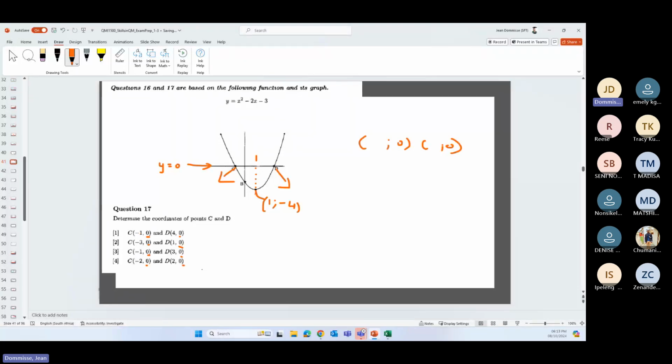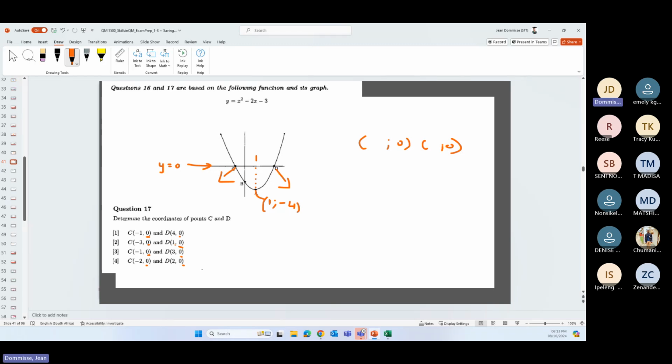For D, all the x's need to be positive, so unfortunately, again, that's correct, we can't eliminate it. But I can at least see that because this is 1, point D can also not be 1.